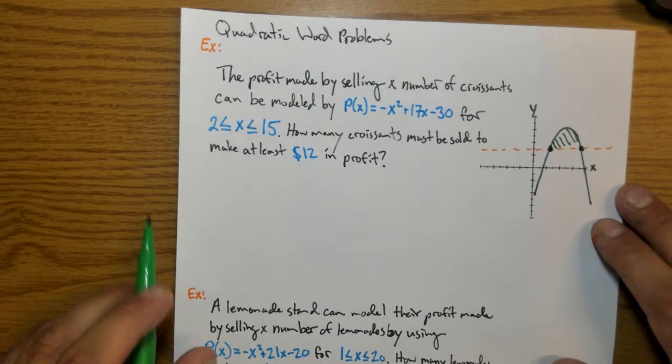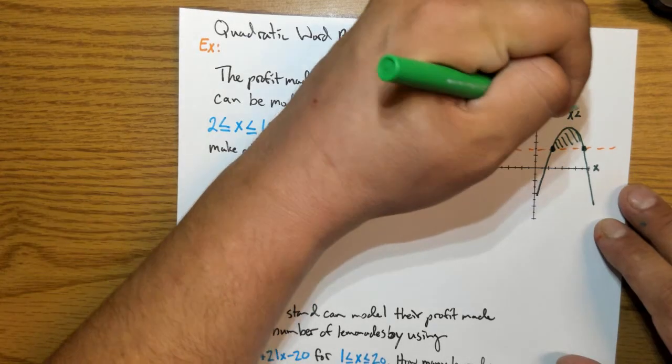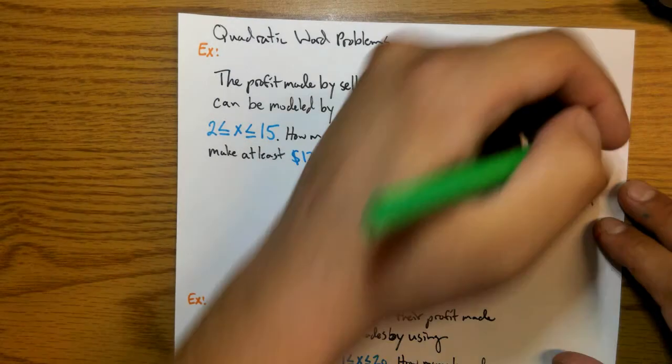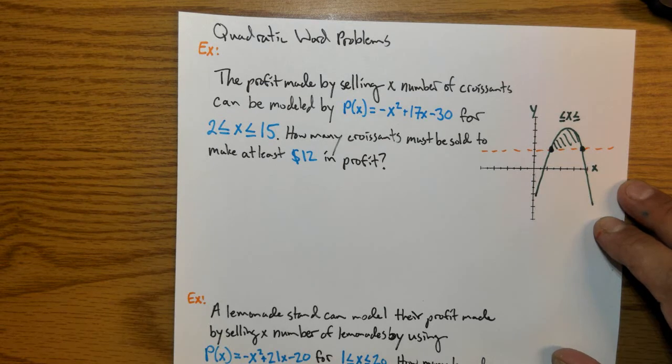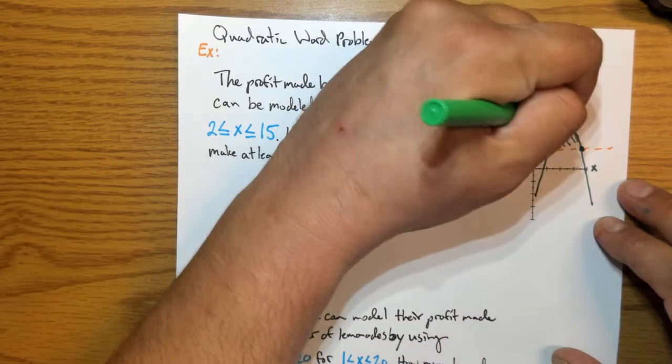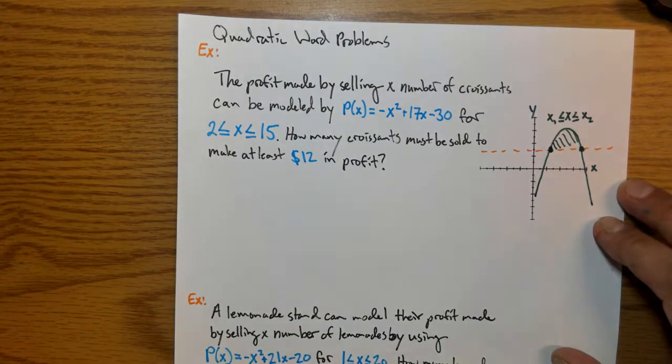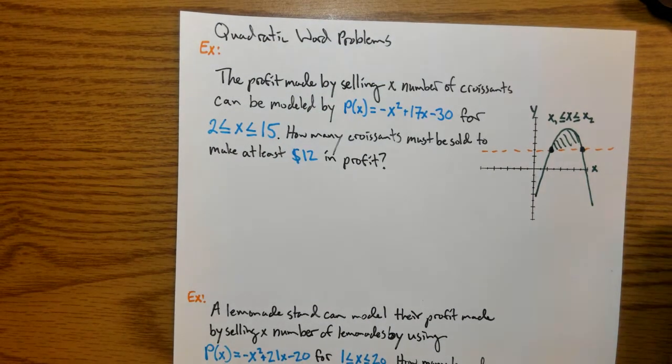So our answer is going to look like x is less than or equal to some value, and x is greater than or equal to some value, right? I could say x1 and x2 because those are going to be actual values.